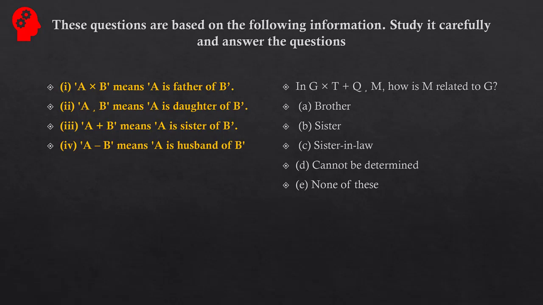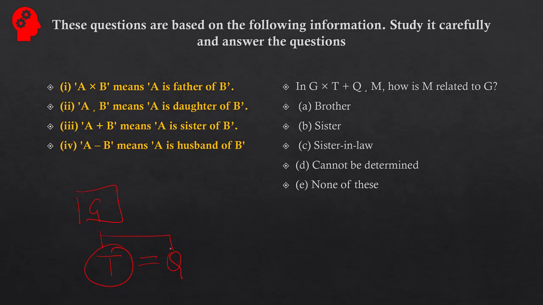Another question, G cross T plus Q comma M. How is M related to G? G cross T would mean G is father of T. T plus Q. T is sister of Q. That means they would have the same father.